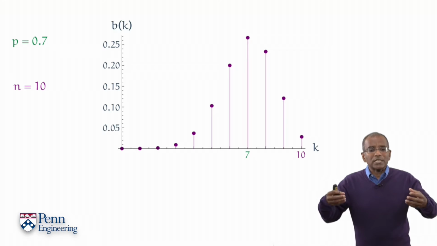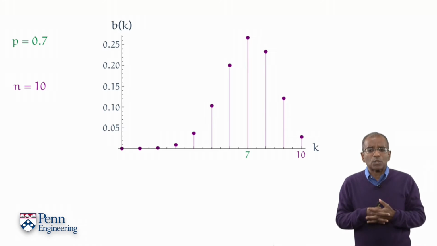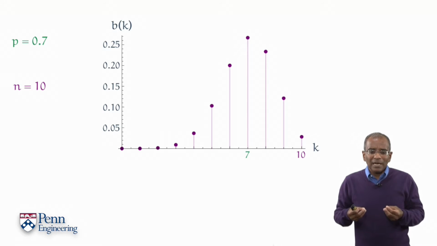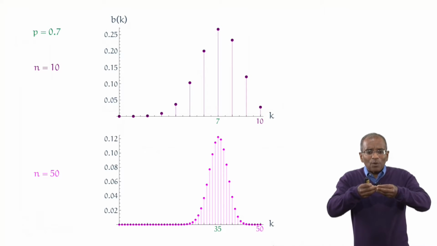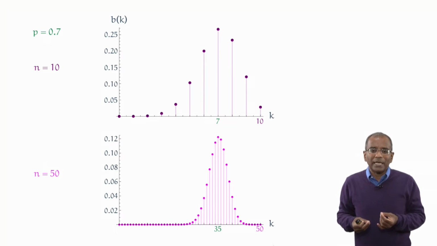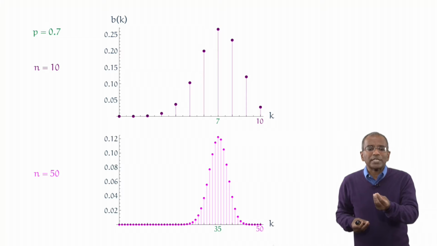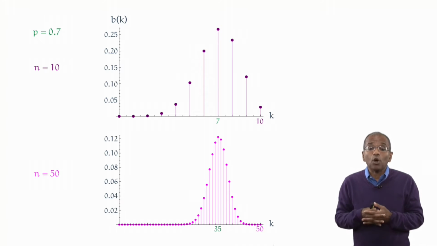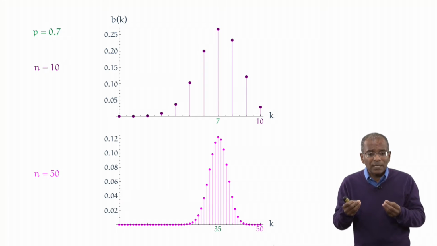If we increase the number of trials while keeping the success probability fixed, say we consider 50 trials, now we've got an experiment where the number of successes can be anything between 0 and 50. The maximum probability outcome corresponds to the setting where we have exactly n times p, or 50 times 0.7, or 35 successes. And now we have a spread around there.